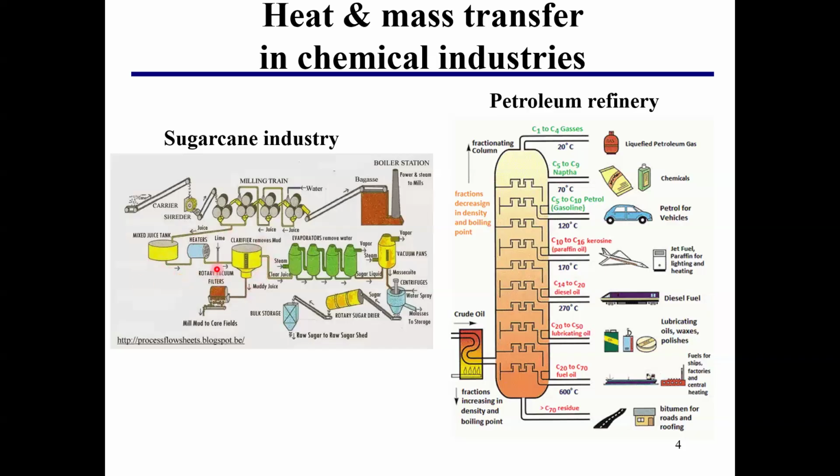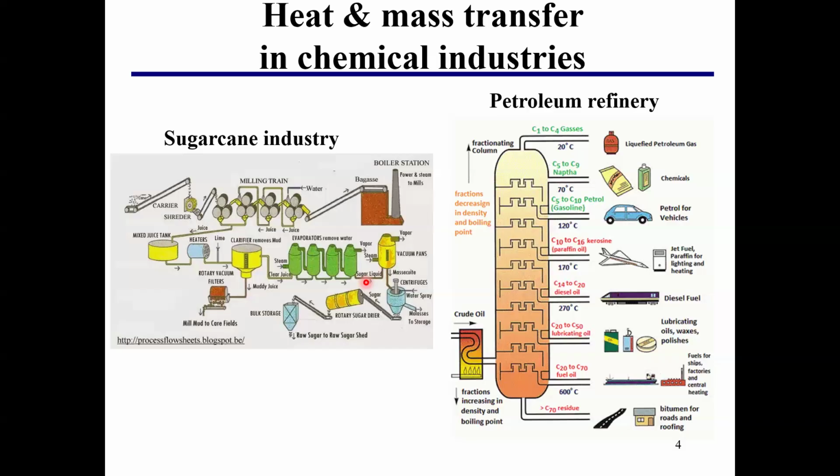Right, okay, so that step is over here, but before that it goes through a heat exchange unit to raise the temperature of the juice, and the clear juice that comes out of the clarifier goes through a series of evaporators, of course, to remove the water out of it.